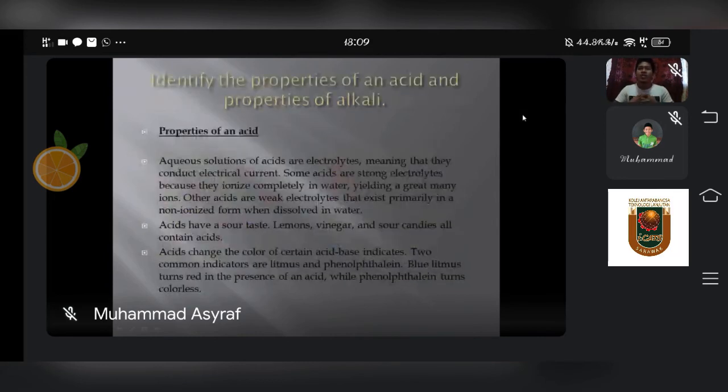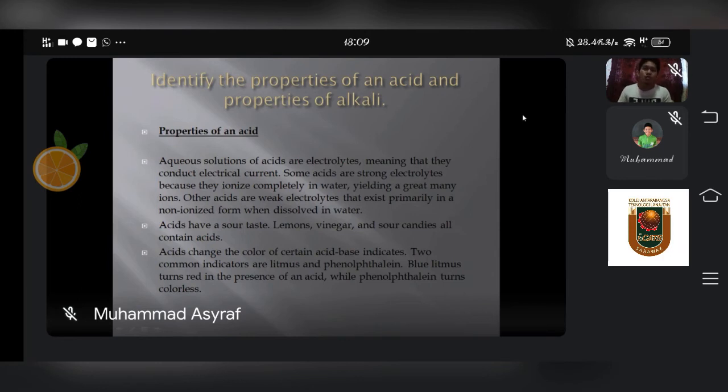This is the application of acids in our daily life. So we go to identify the properties of an acid and the properties of an alkali. First, the properties of an acid. Aqueous solutions of acids are electrolytes, meaning that they conduct electric current.